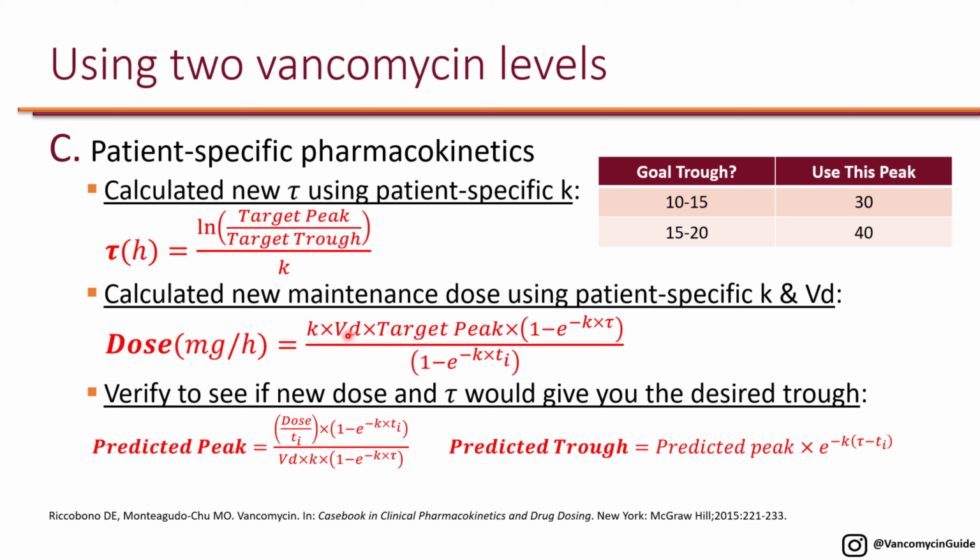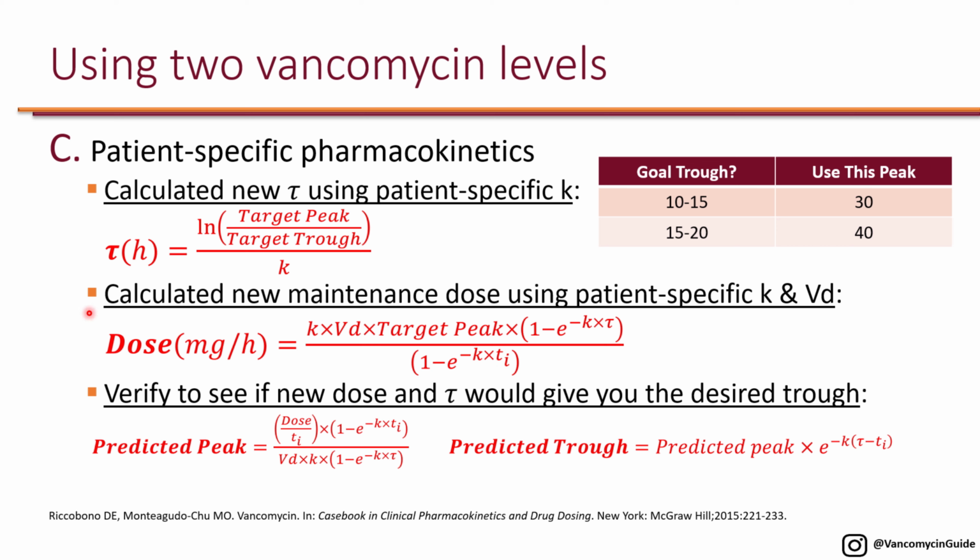So the new k, the new volume of distribution. And then for the peak here, we put the target peak from this table, and then negative k and tau. So tau will be the tau that we calculated here, and then 1 minus e to the negative k times ti. For ti, we can just plug in 1 since we don't know what the dose is yet.